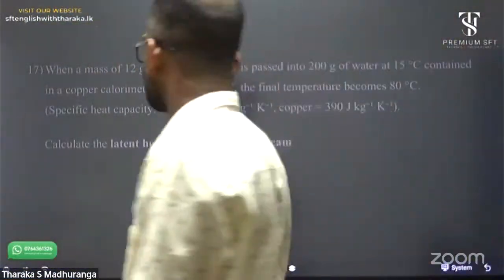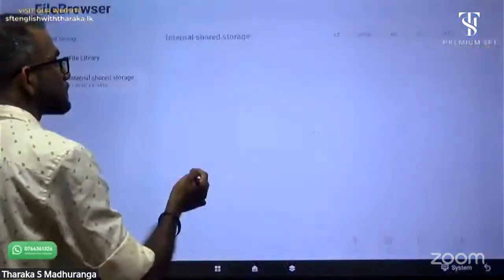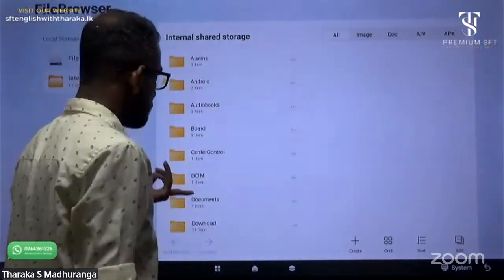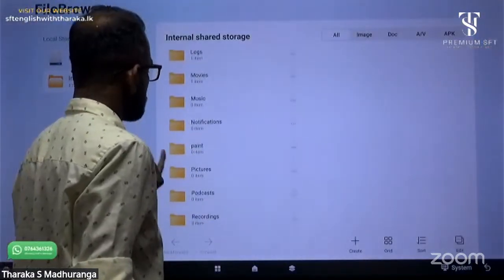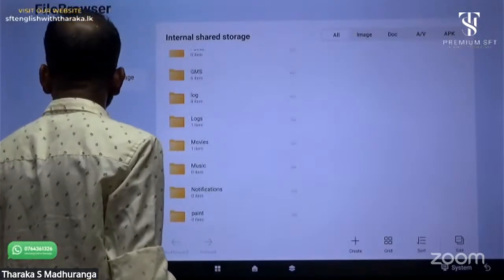Okay, let's move into the final part of the lesson. It's thermal transformation.